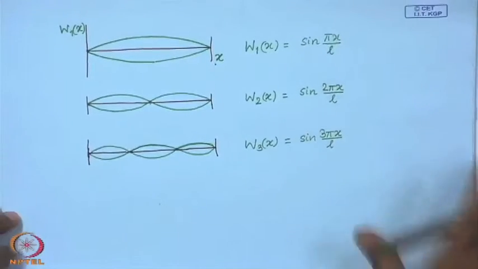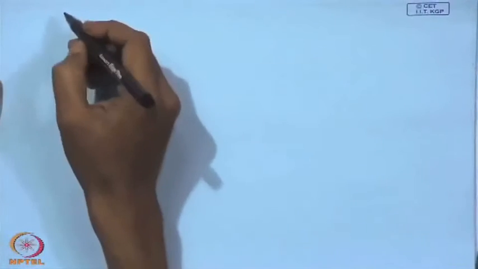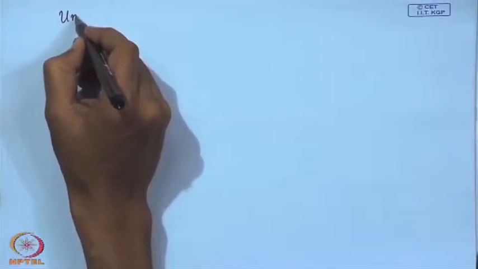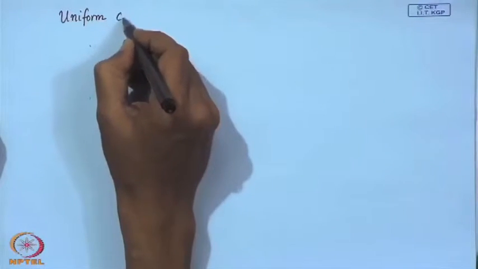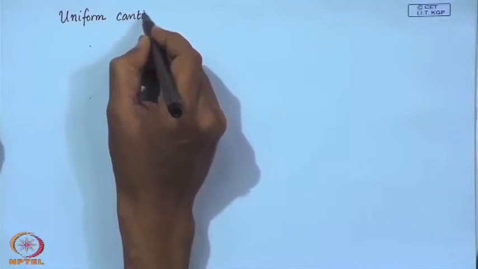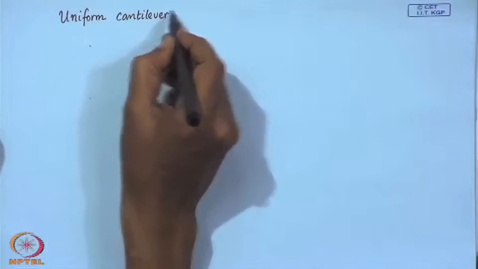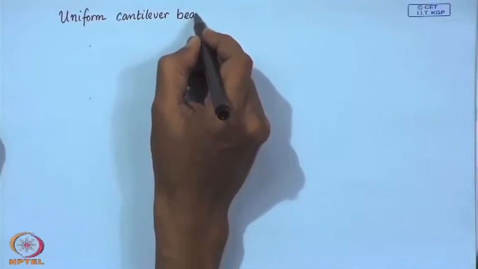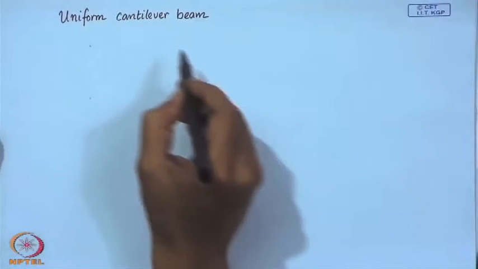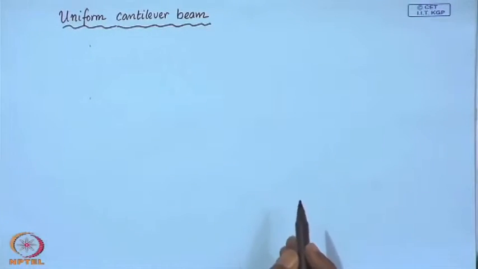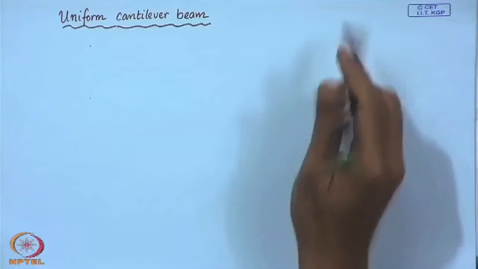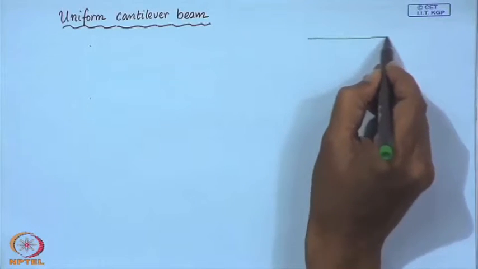Now, let us discuss a uniform cantilever beam. This is another kind of boundary condition which is quite common.